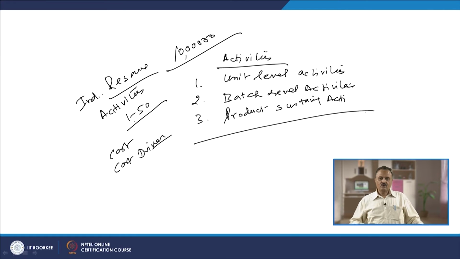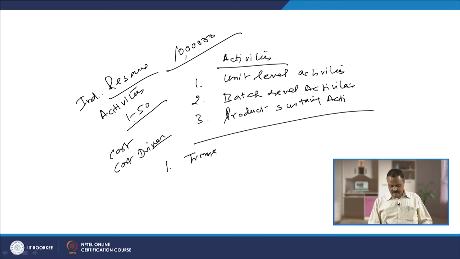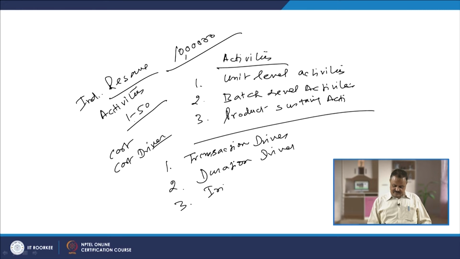Now, in relation to these 3 activities, there are 3 cost drivers. First are the transaction drivers, second is the duration drivers, and third one is the intensity drivers.